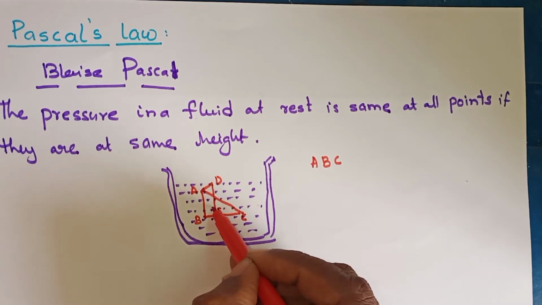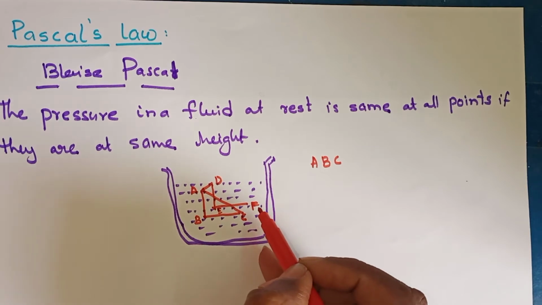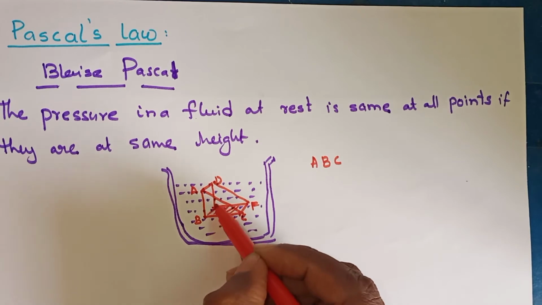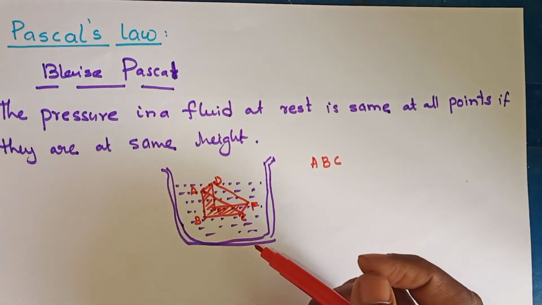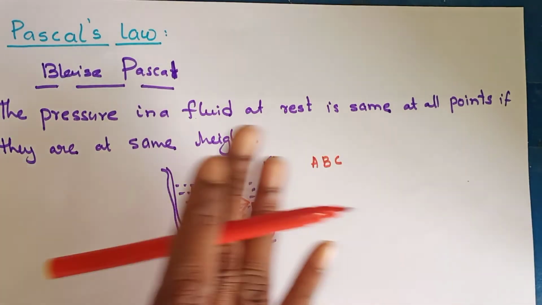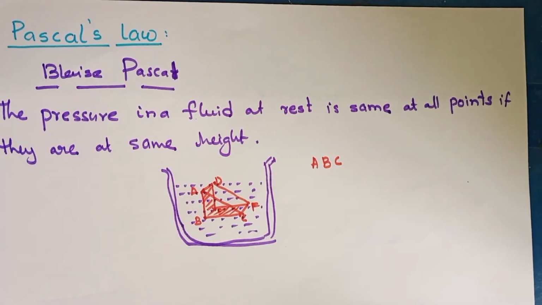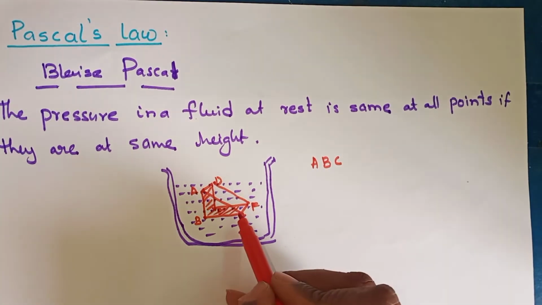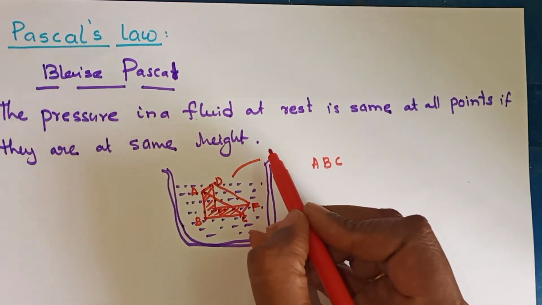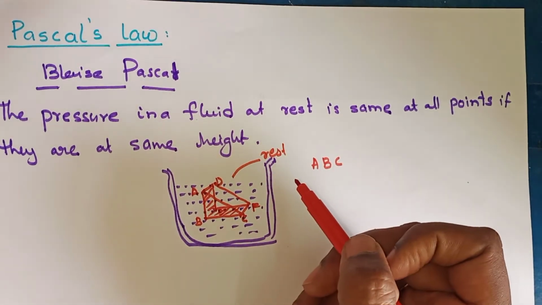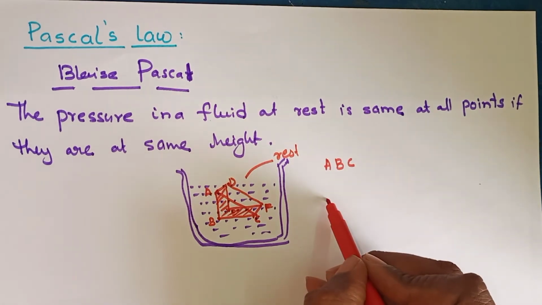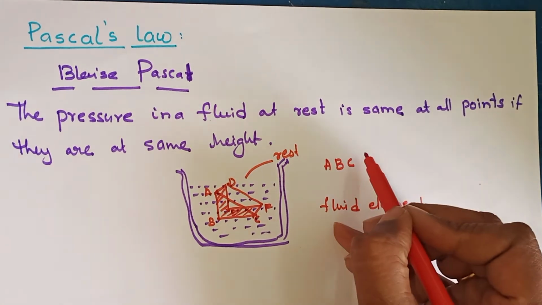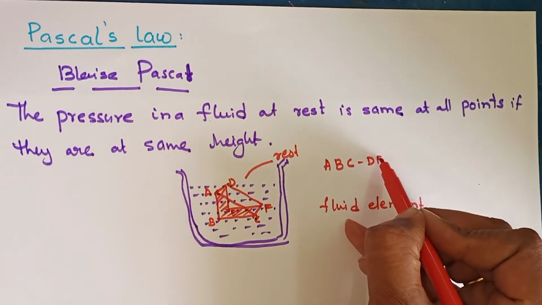So this is a simple element, a horizontal element of the interior of the fluid which is at rest. This fluid element we consider as ABC and DEF.